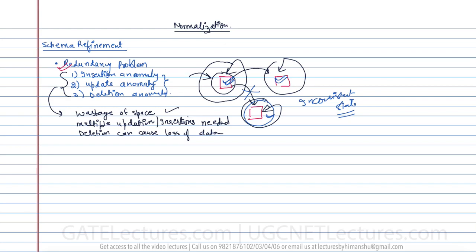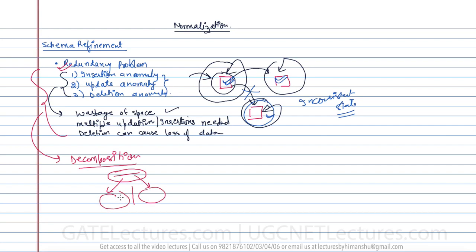We are trying to remove them as much as possible, so that we will not be facing any problems related to this. And to remove these anomalies, there's something which is required, and that is called decomposition. Decomposition is important, because it means if you have a complete relation or a table, you may be required to divide this table into multiple tables.